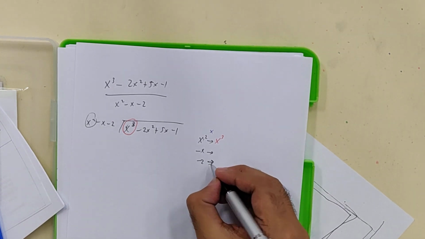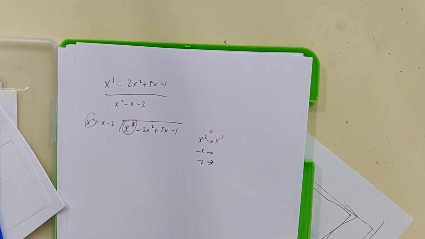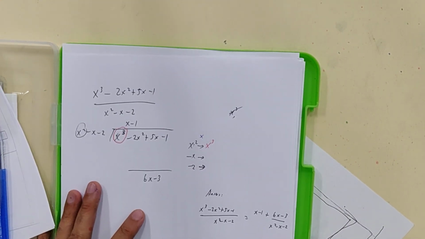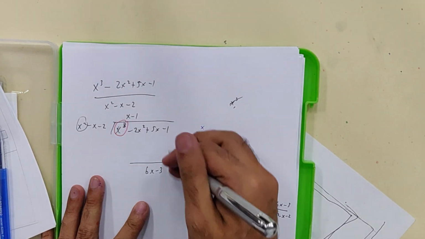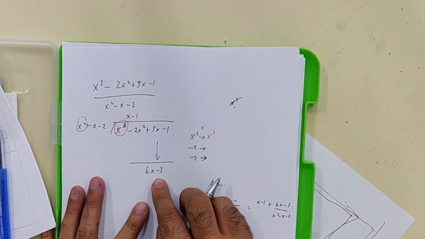Okay, alright, try this question on your own. Never mind, forget about copying, try this one. Okay, if you were to continue, if you're able to, up here you get x minus 1. The remainder you got 6x minus 3.